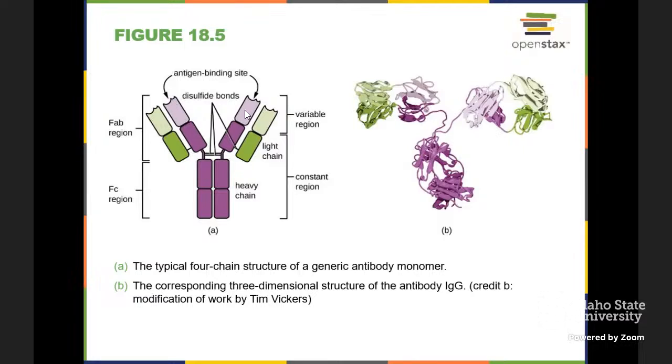Different proteins coming together. The light chain in green and the heavy chain in purple, all right? And these light chains interact with the heavy chain and form some covalent bonding, disulfide bonds.